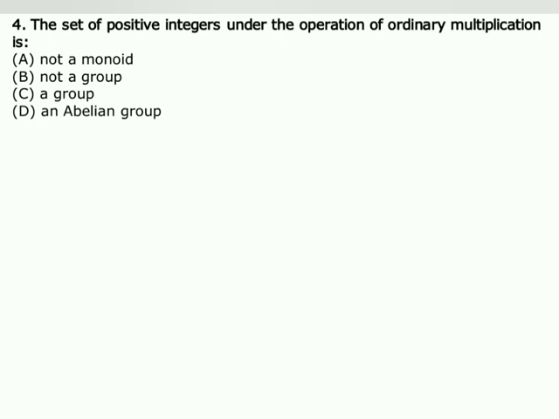The set of positive integers under the operation of ordinary multiplication is? Here the set of positive integers with ordinary multiplication forms a semi-group, which may be denoted as Z plus comma dot.